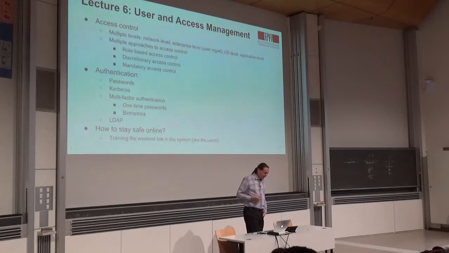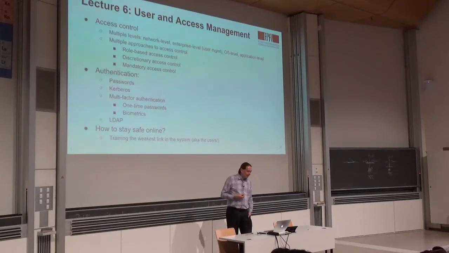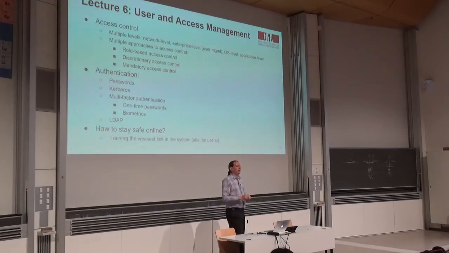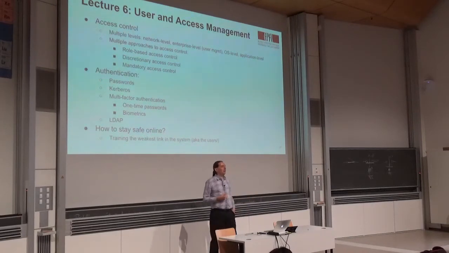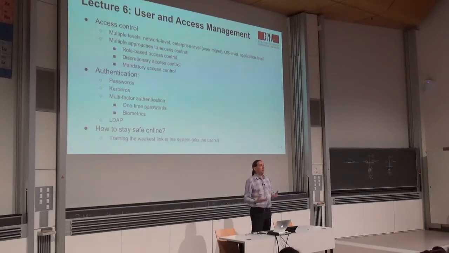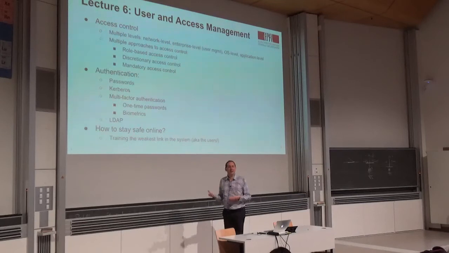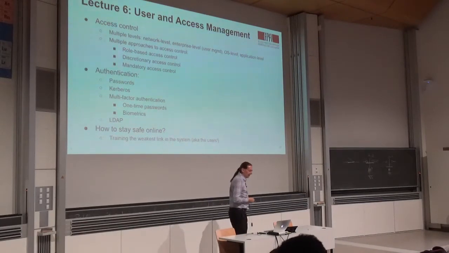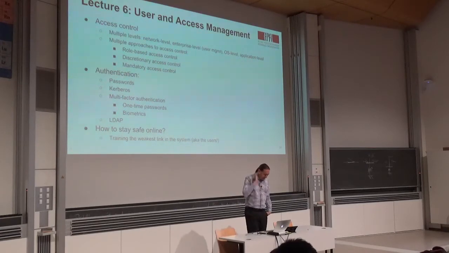And so we'll look at access control mechanisms and authentication mechanisms. Access control says what a given user should have access to, what data you should and shouldn't be able to get to, whereas authentication is the mechanism a system uses to ensure that you are the user that you claim to be, right? So entering your password, or using a fingerprint reader, or something like that.